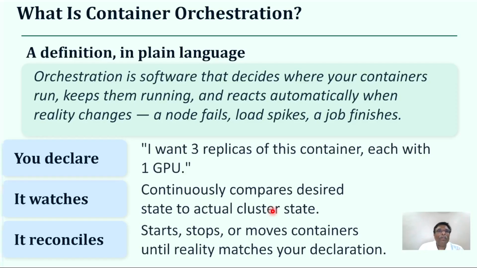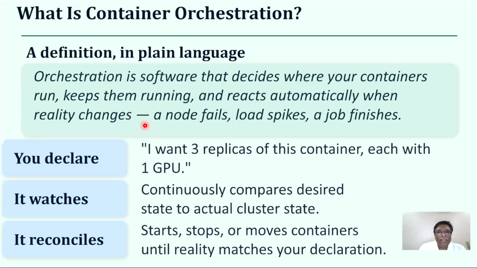Let us try to understand in brief what container orchestration means. In plain language, we can define orchestration as software that decides where our containers will run, keeps them running, and reacts automatically when the reality of the environment in which our containers are running changes.